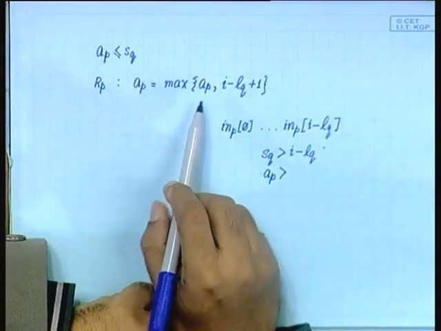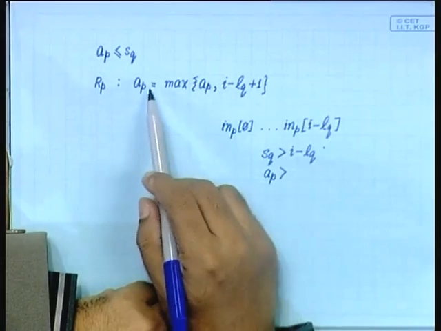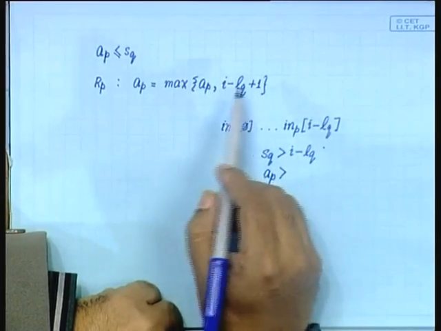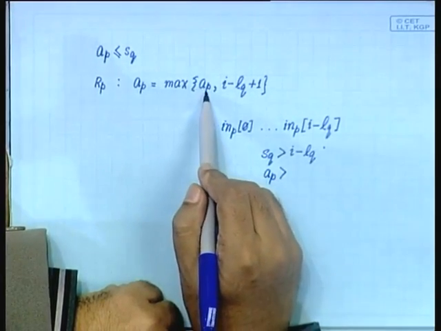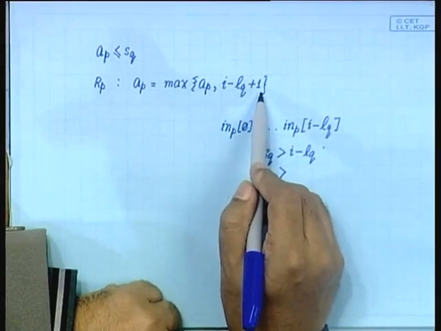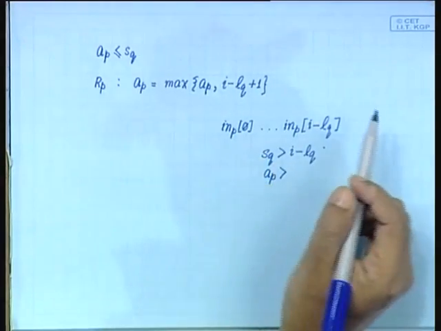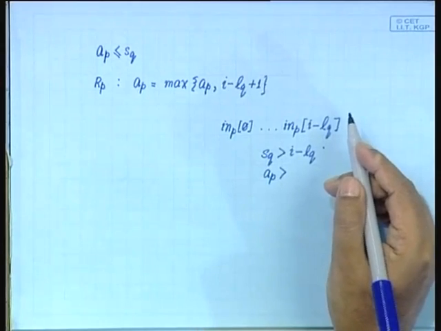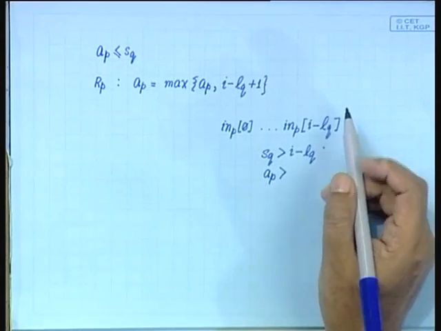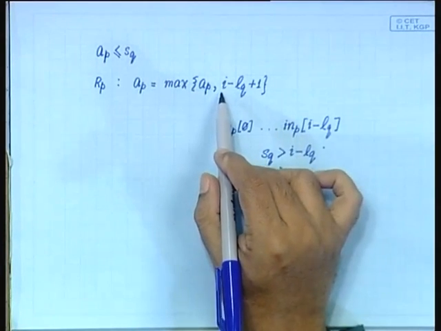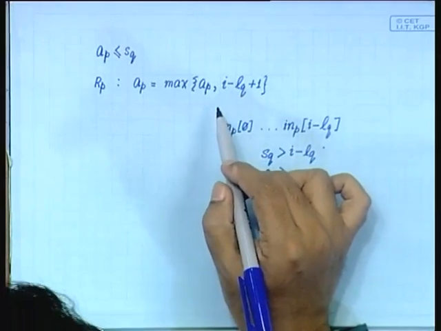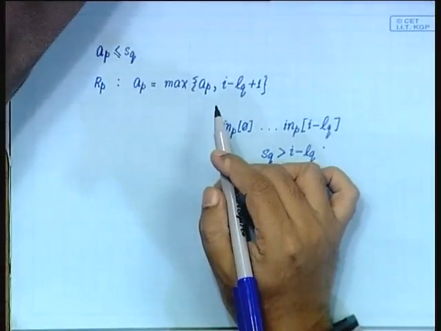We are maximizing this with this. Between AP and I minus LQ plus 1 we are choosing the max, and we know that this I that we have received, I minus LQ that we have received, okay, just hold on.